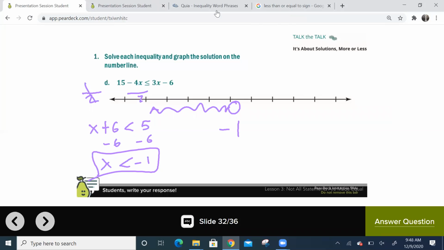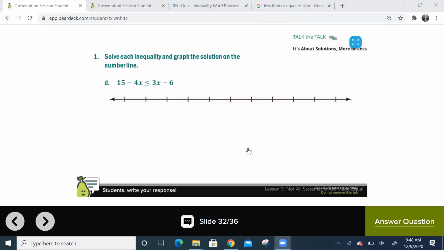Okay, almost done. So this one. Let's get the x's to one side and the numbers without x's to the other side. So I'm getting -3x right here, -3x right here, and then I'm getting -15 from here and -15 from here. So I got -7x is less than or equal to -6 minus 15, which is -21.